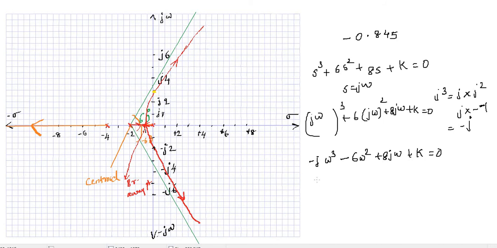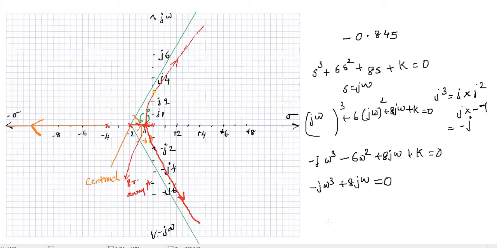So we can take real part and imaginary part separately. So take the imaginary part, that is minus j omega cube plus 8 j omega, then equate it to 0, because here in the right hand side it is 0.